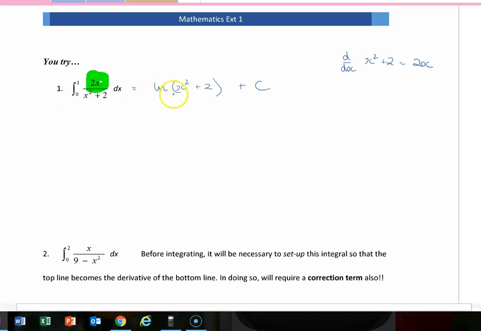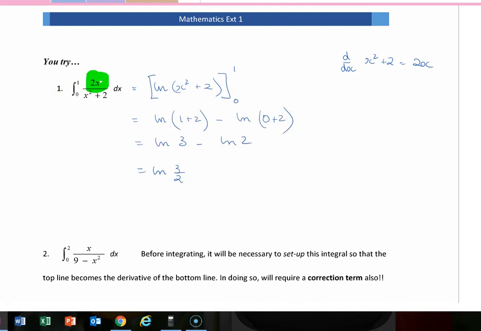So we write that as the log of x squared plus 2, and of course always plus a constant. Oh, no, it's not. It's a definite integral. If it had been an indefinite integral, with no values on your integral sign here, we would have had a plus c.